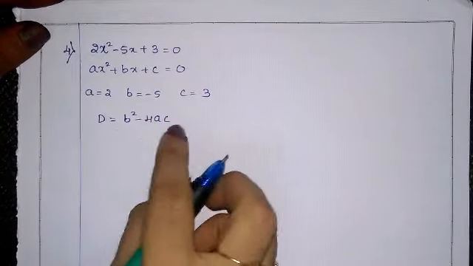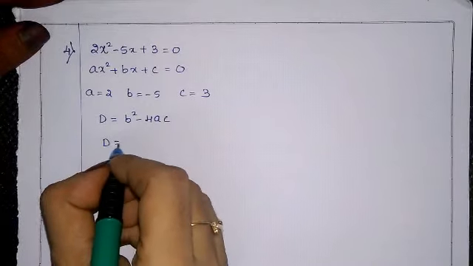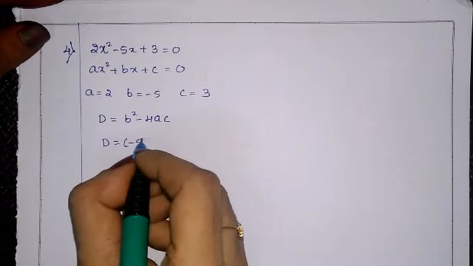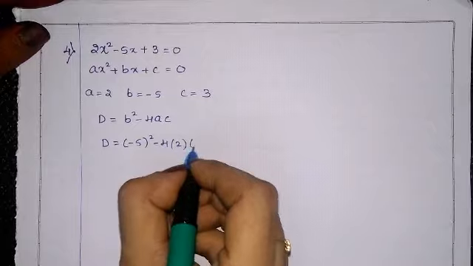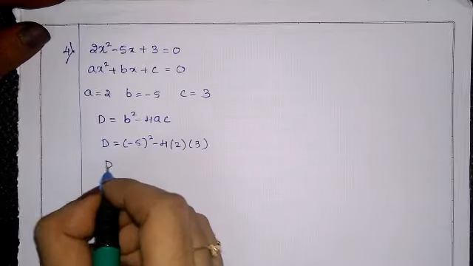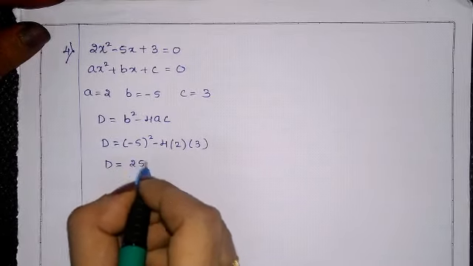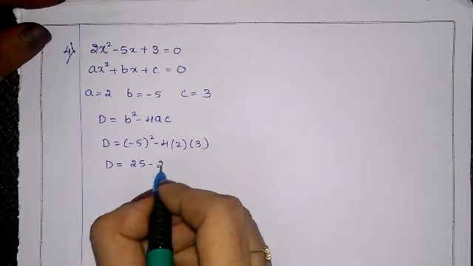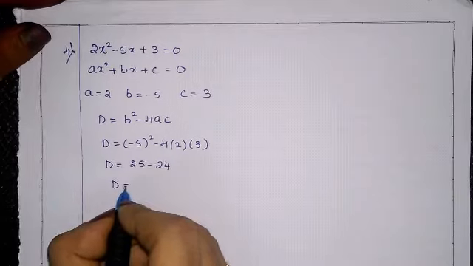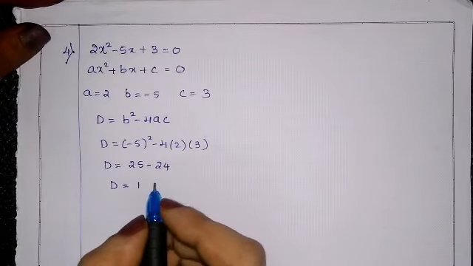Discriminant is b square minus 4ac. D is equal to minus 5 square minus 4 into a value is 2, c value is 3. D is equal to 25 minus 4 2s are 8, 8 3s are 24. D is equal to 1. We got D is equal to 1.